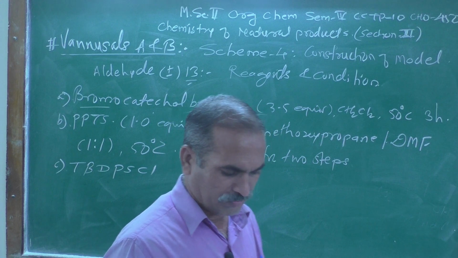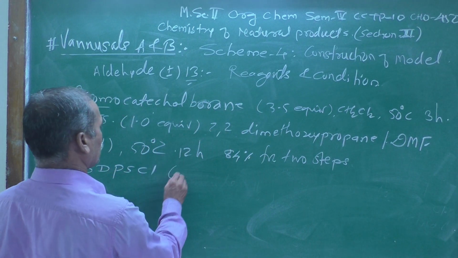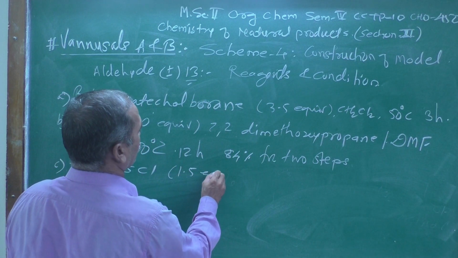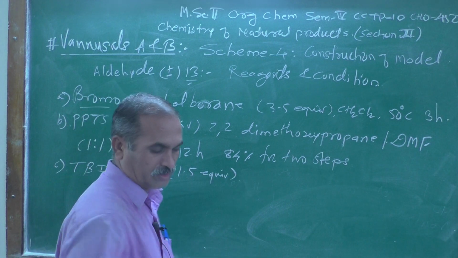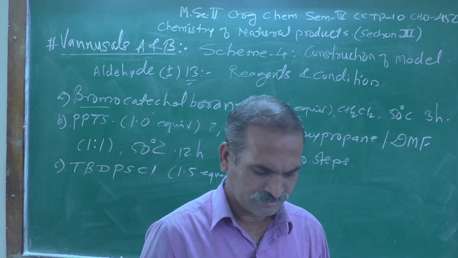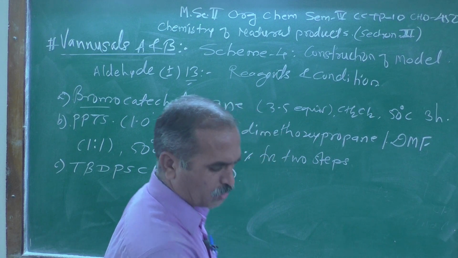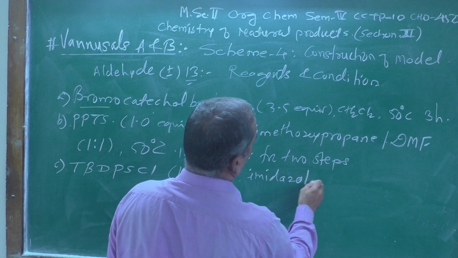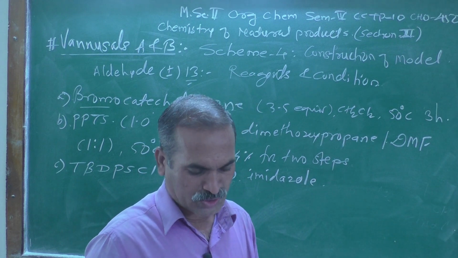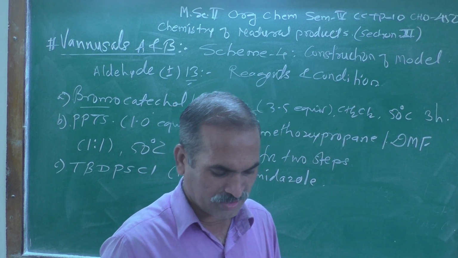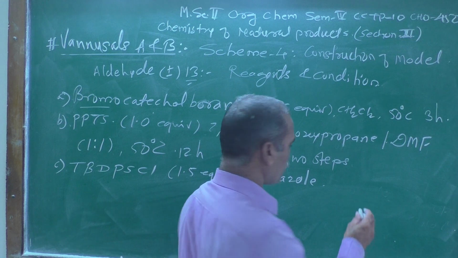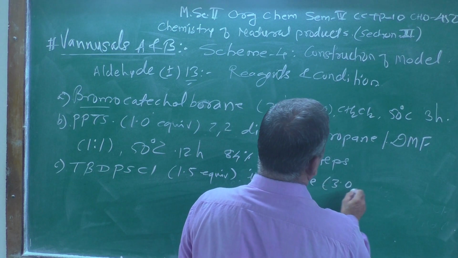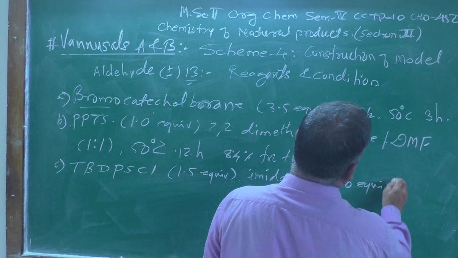TBDPSCl is taken at 1.5 equivalent, and imidazole, used as a base in this reaction, is 3.0 equivalent.